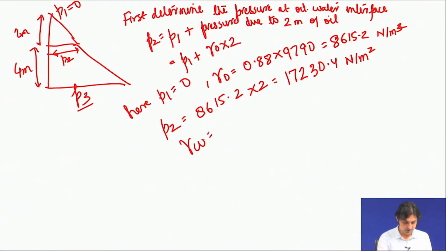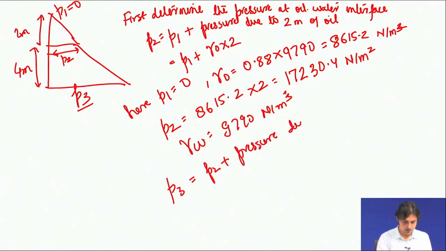Gamma W we have assumed is 9790 Newton per meter cube. So P3 will be P2 plus pressure due to 4 meters of water. P2 we already know, correct.